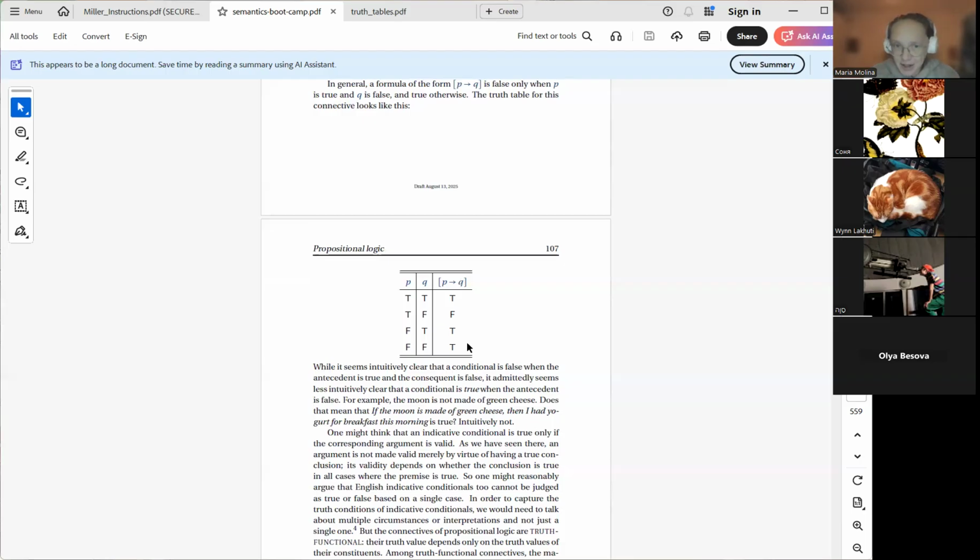Yeah, that's not intuitive. And we're given this example. For example, the moon is not made of green cheese. Does that mean that if the moon is made of green cheese, then I had yogurt for breakfast this morning is true? Probably not. Intuitively not.